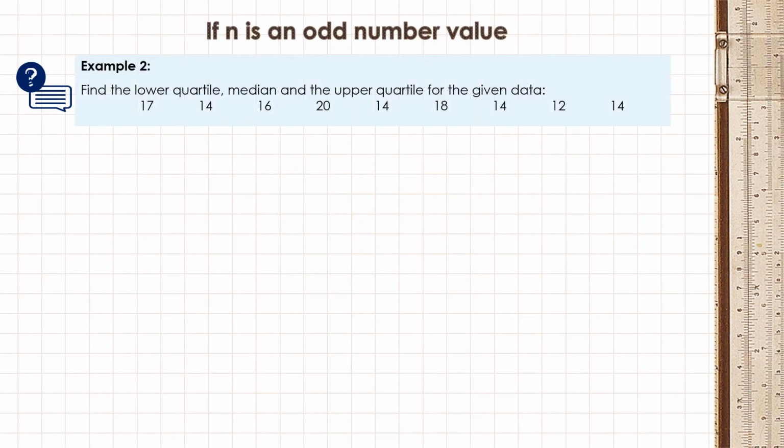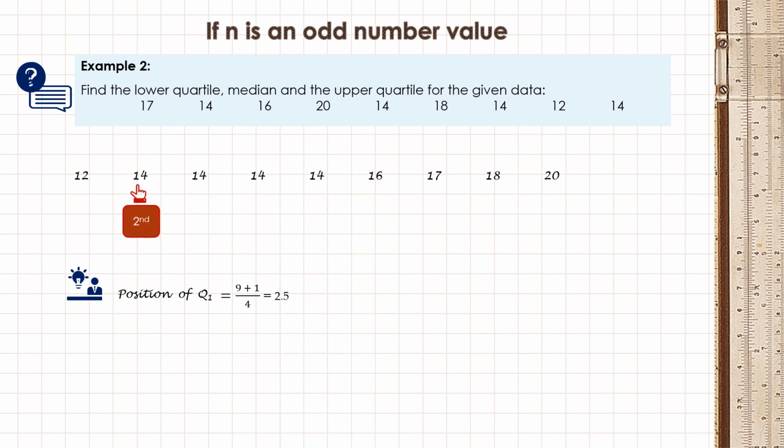Next, we look at an example where the number of observations is an odd number. Find the lower quartile, median, and upper quartile for the given data. First step, we arrange the data in ascending order. For the first quartile or lower quartile, the position is (9 plus 1) divided by 4, equal to 2.5, meaning the position of the first quartile is between the second and third position.